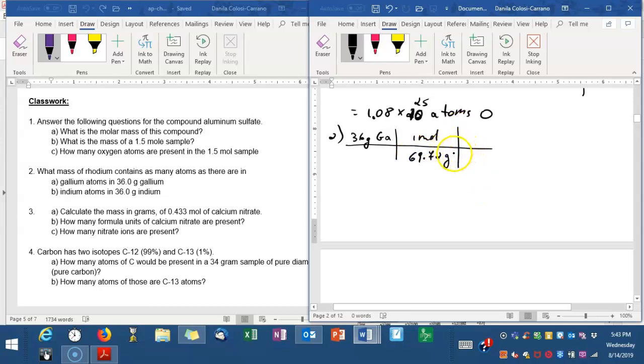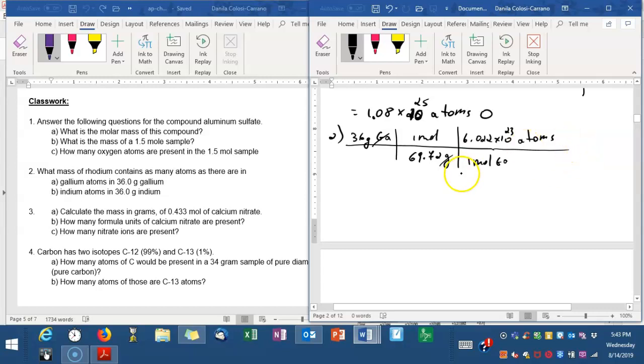So now we know how many moles of gallium there are. Once we know how many moles there are, then you also know that in 1 mole of gallium there are 6.022 times 10 to the 23rd atoms. So this number is the number that we have to target.